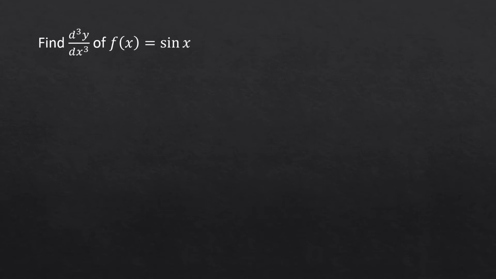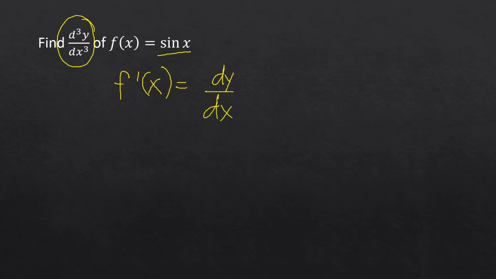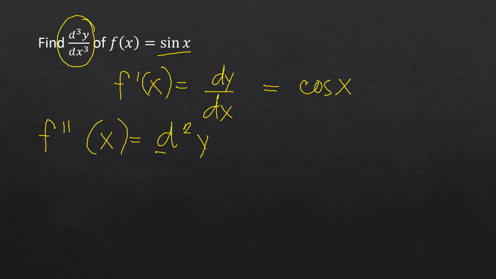Now, we're getting the third derivative naman nito, third derivative of sine x. Therefore, first kunin muna natin ang first derivative niya. So, you have f prime of x, which is equal to dy over dx is equal to cosine x. Okay? So, pag kukunin natin ang second derivative, f double prime of x, is another notation. So, i-differentiate daw natin itong cosine x.